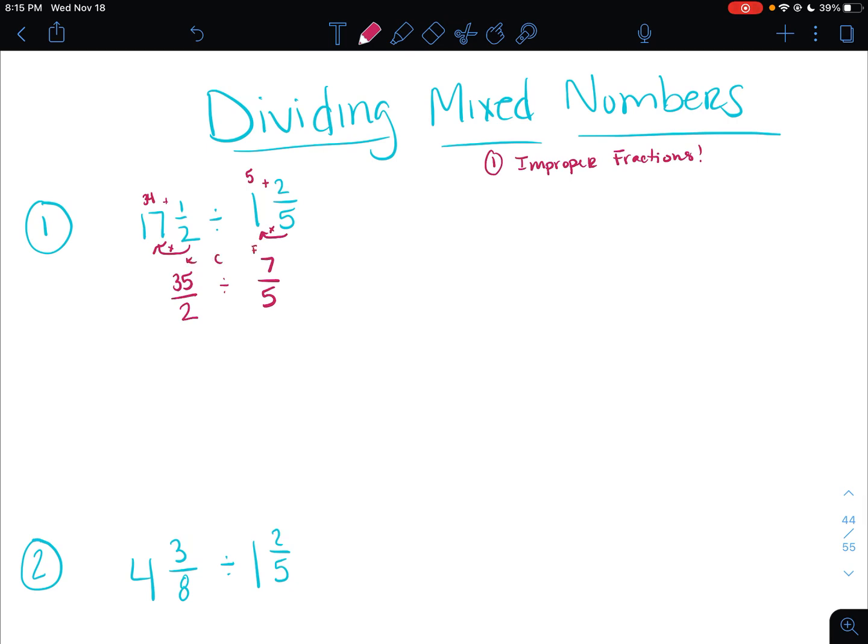So you're literally just going to keep, change, flip, just like we've been doing. So we're going to keep, change, flip. Keep 35 halves. Change division to multiplication, and then flip 7/5 to get 5/7. Okay, so then we are going to multiply straight across.